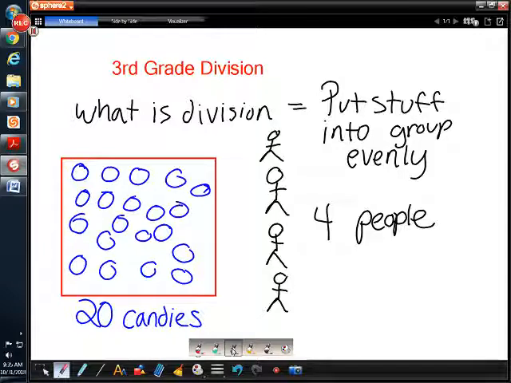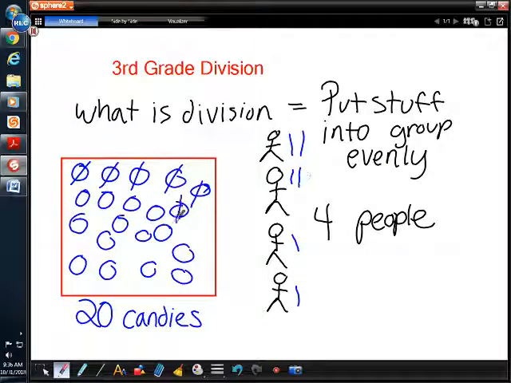So we're going to go, he gets 1, he gets 1, he gets 1, he gets 1, and so on. You can see how this is kind of annoying.